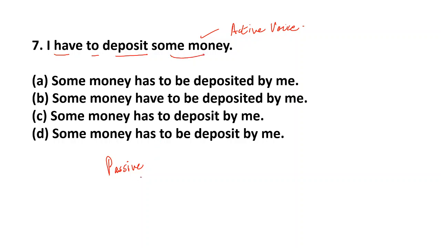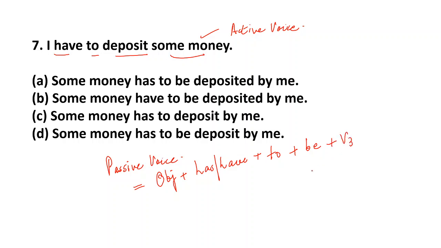Simple. So in the passive sentence, what does it become? Now "to deposit" is what? It is an infinitive. So when you see such infinitives, like to deposit, then you will take up this rule. In the passive voice, first of course you will bring the object, then you will put has or have, then you will put to, then you will put be, then you will put V3.